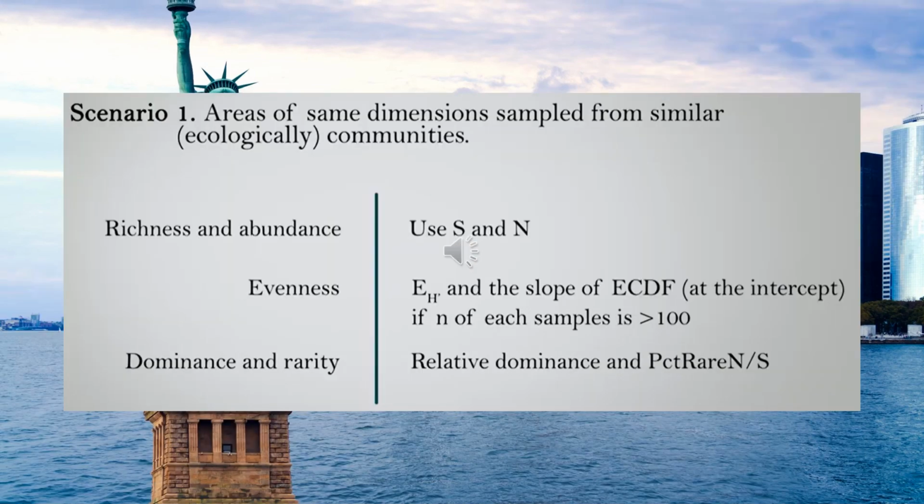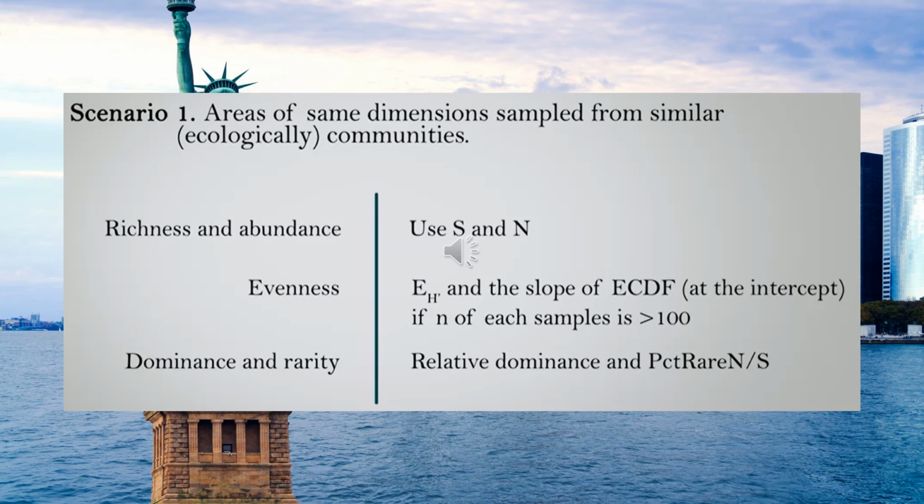In the first scenario, areas of the same size measured from similar ecological communities, we can use richness and abundance, such as S or N, to compare communities. A very useful index to compare the evenness of the two samples is the EH, and the slope of the ECDF graph as the intercept, if n of each sample is more than 100 individuals.